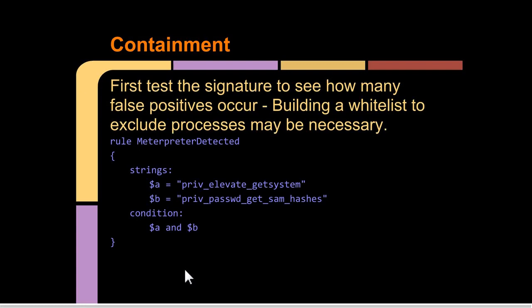And also return any details. This is the PID it matches. Now, if it happens to match something else, say instead of naming these things priv escalate get system, priv password get same hashes, they named it something clever. And they still wanted to keep printable strings. They just wanted to get around this whole problem by naming it something that's common somewhere else. You can see how false positives would come back.